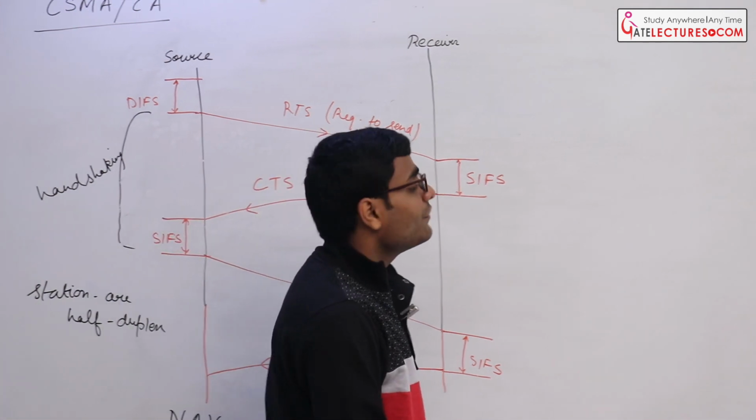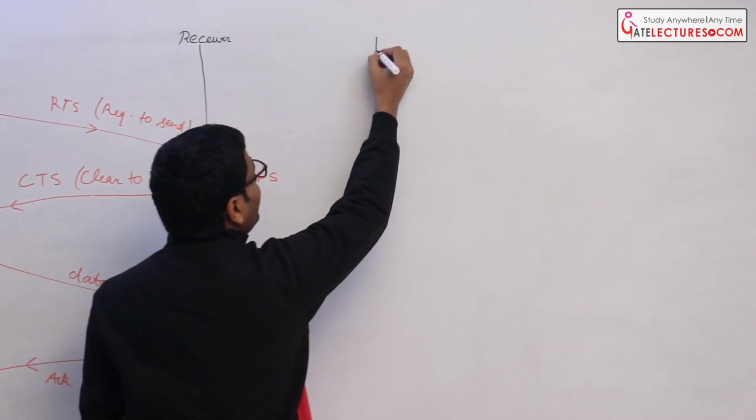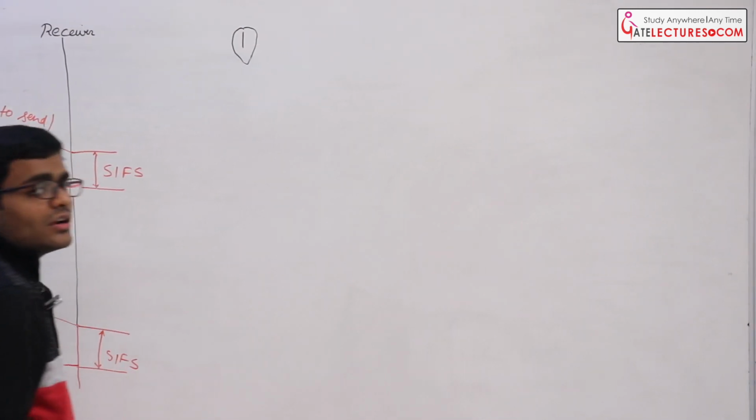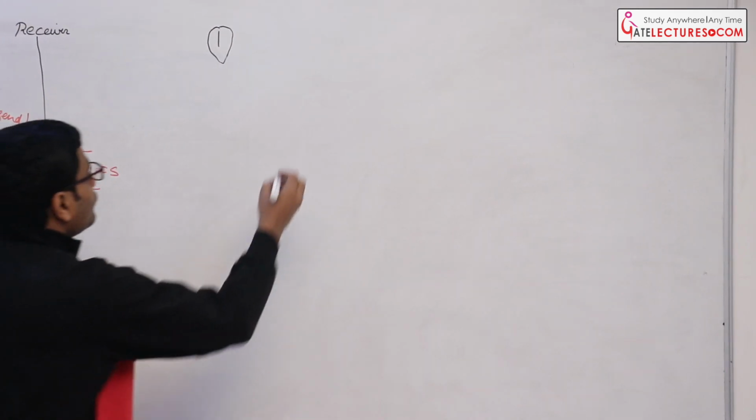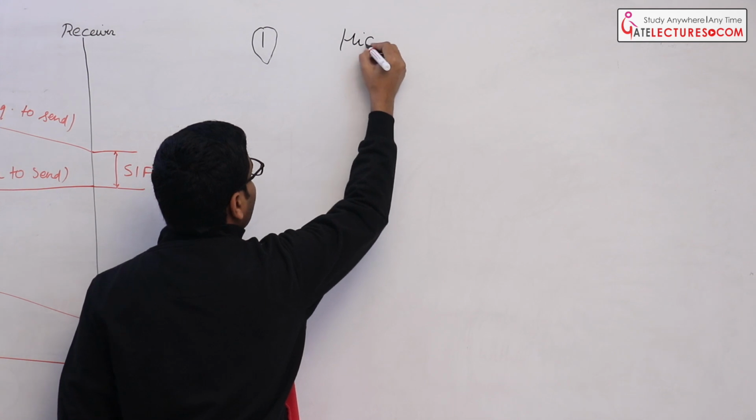So in Wi-Fi we have two problems. One is called the hidden terminal problem and the other is called the exposed station problem. So what is the hidden terminal problem?